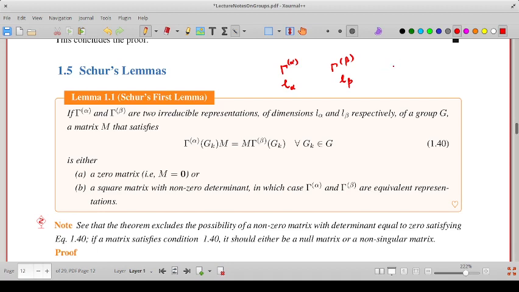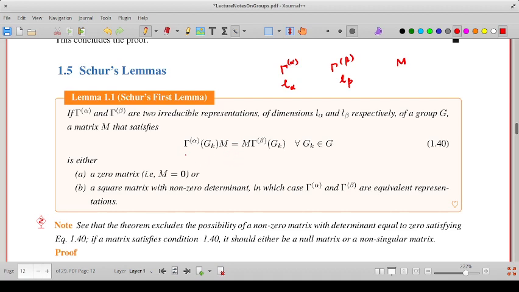And suppose we have a matrix M that satisfies the equation gamma alpha of Gk times M equal to M times gamma beta of Gk, where Gk is an arbitrary element of the group G. So if the matrix M and the irreducible representations gamma alpha and gamma beta satisfy this equation, then Schur's lemma says that M is either a null matrix, that means all elements of M are 0, or M is a square matrix with non-zero determinant.